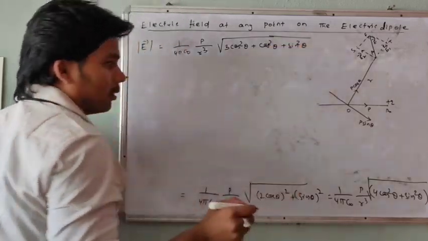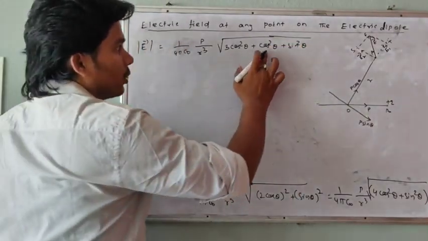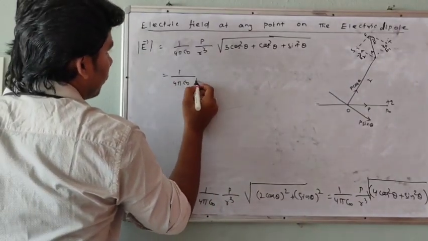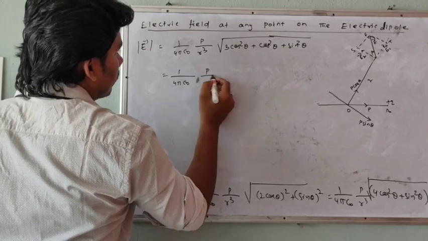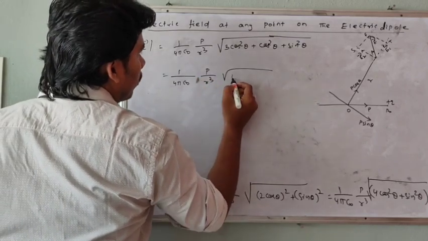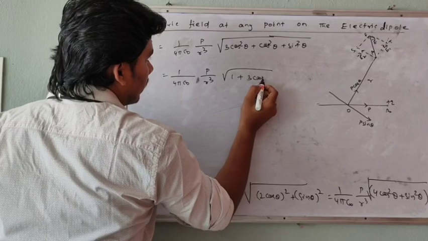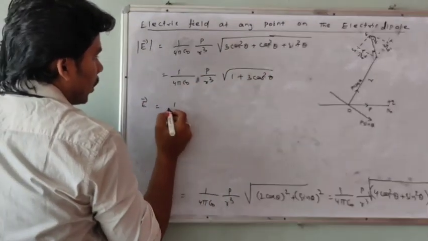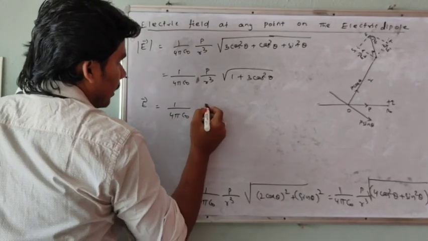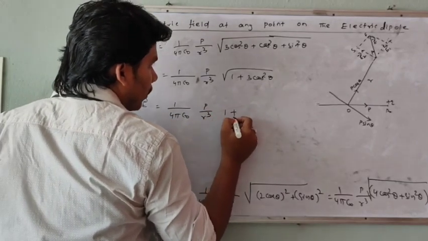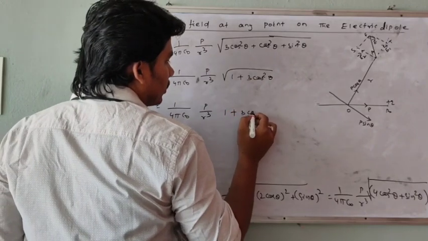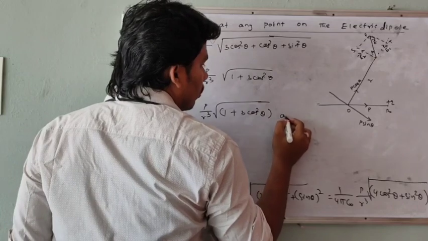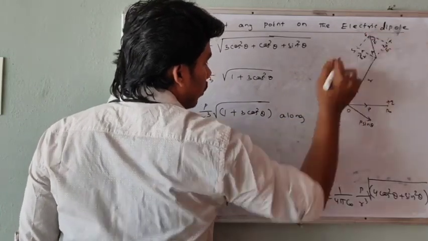Just recall from your class 10th, cos squared theta plus sin squared theta is 1. So this will be 1 by 4 pi epsilon naught P by r cube root over 1 plus 3 cos squared theta, and the E vector is along PL.